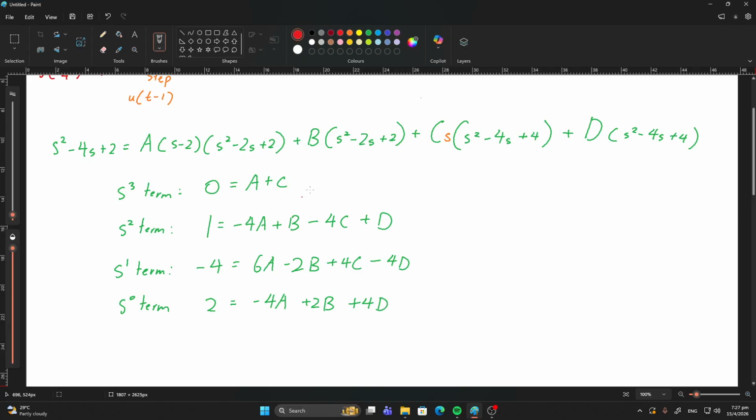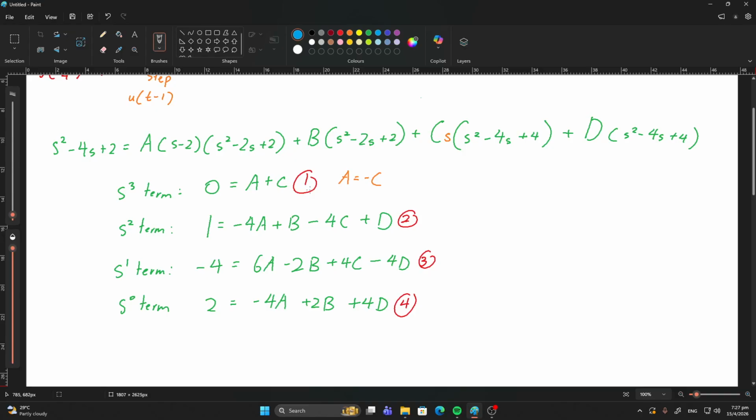To make my life a lot simpler for you guys as well, I'm going to label each equation respectively 1, 2, 3, 4. Alright, maybe we can play around a little bit. A equals negative C. Let's see. Oh, okay.